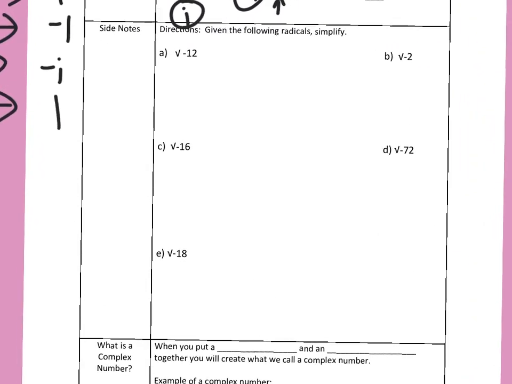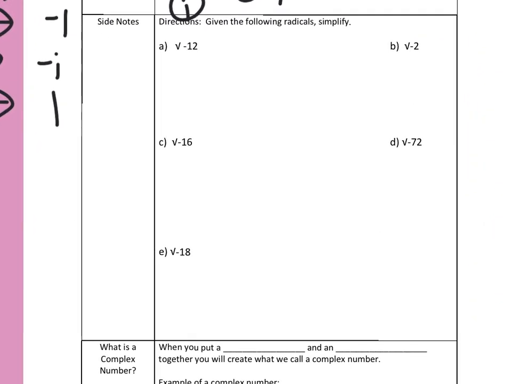So it says, given the following radicals, just simplify. This is going to be similar to what we've already done. So if I've got square root of negative 12, that's just going to be the same thing as square root of negative 1 times square root of 12, right?